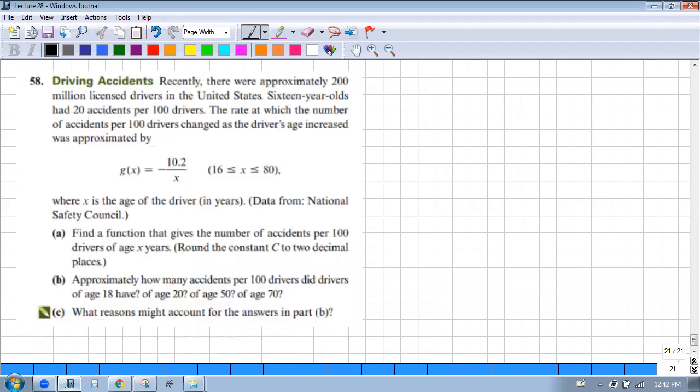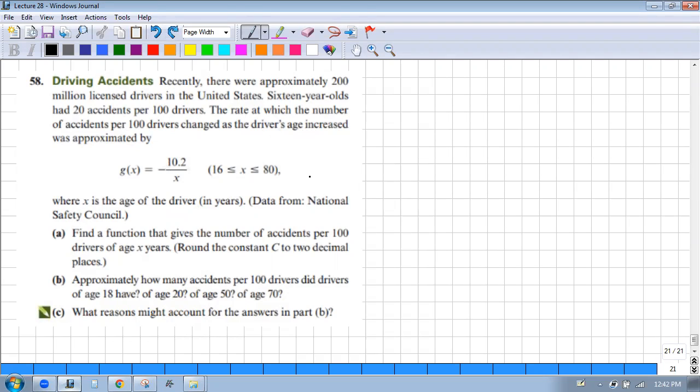The rate at which the number of accidents per 100 drivers changed as the driver's age increased was approximated by g of x. So this is a rate of change. The rate at which the number of accidents increased. If it's an increase, why is it a negative number? That's my first question.